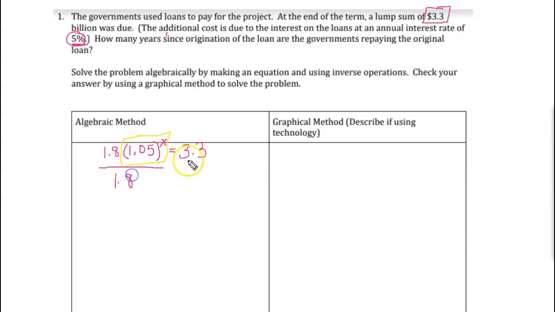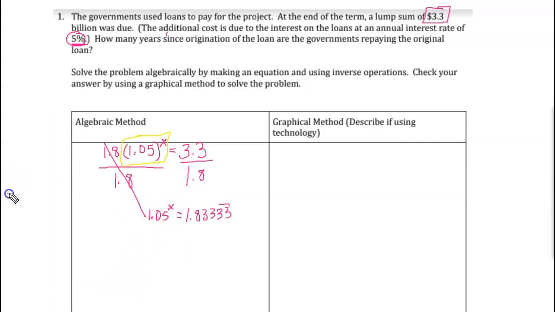So the inverse of multiplication is division. So I will divide both sides of my equation by 1.8. 3.3 divided by 1.8 is 1.83333, one of those lovely repeating decimals. And now I just have my exponential of 1.05 to the x power.